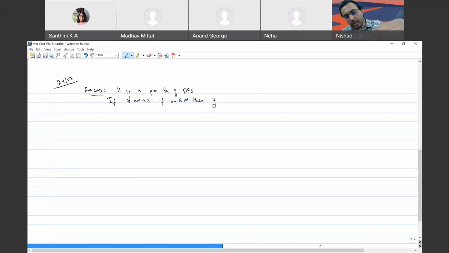So Y bar U plus Y bar W is exactly the cost of the edge UW. Right? So if this is true, then M is indeed a min cost perfect matching, and Y bar is an optimal dual feasible solution.